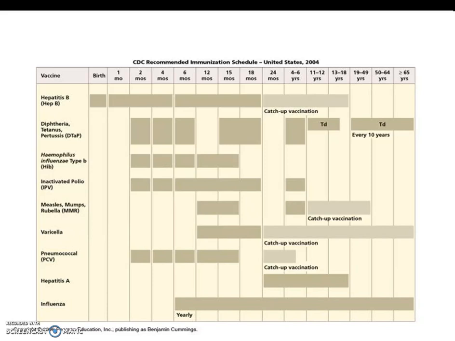This isn't necessarily something I'm going to test you a lot on. It's really more so that you are informed and educated about the appropriate immunization schedule that's put out by the CDC. And, of course, for your children and your nieces and nephews and your friends' children.